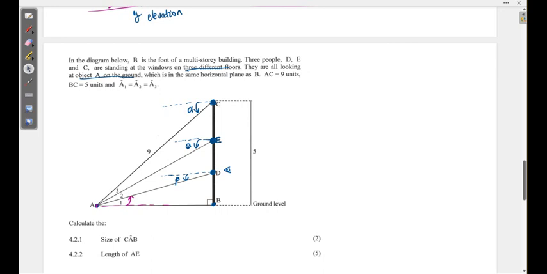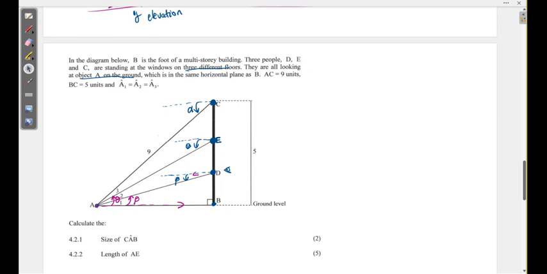So they will form an angle of elevation, and let's remember that it will be equal to the angle of depression of D. Same thing here. This one is the angle of depression. Where will the angle of elevation be? The angle of elevation will be here, so this will be equal to theta.